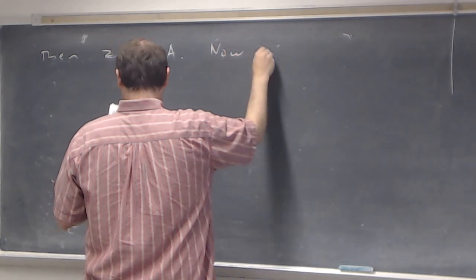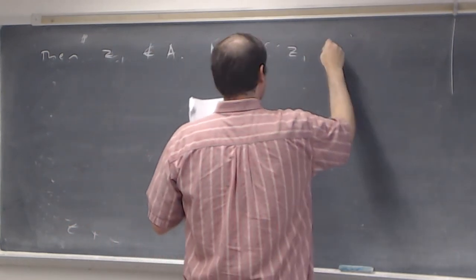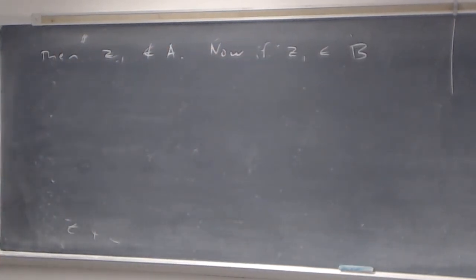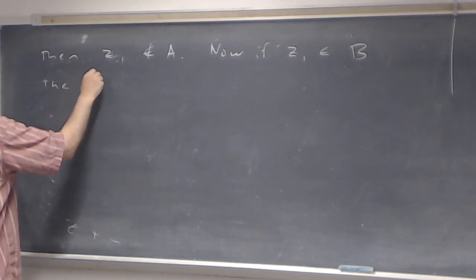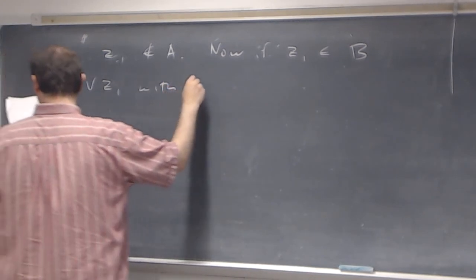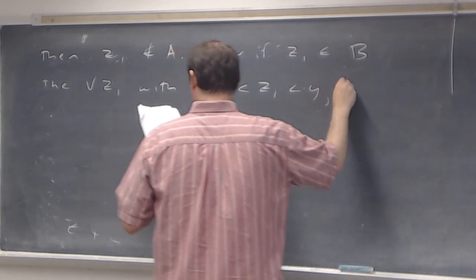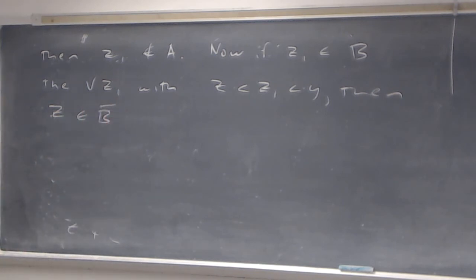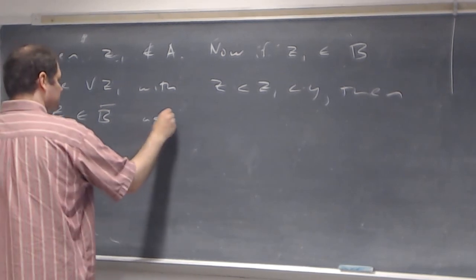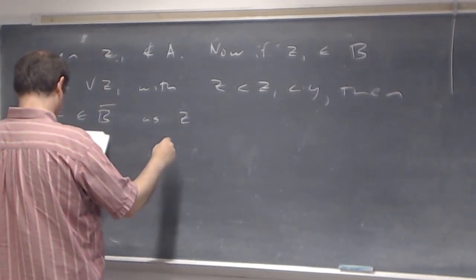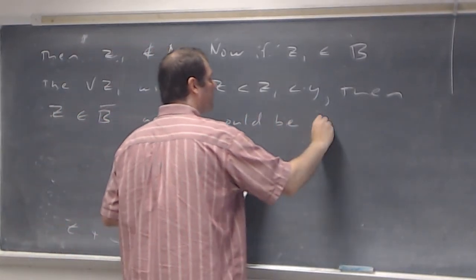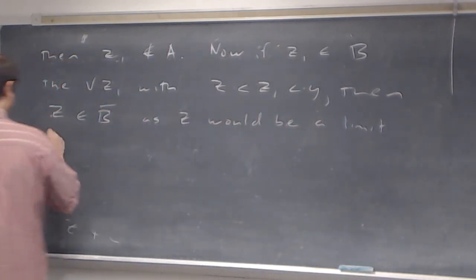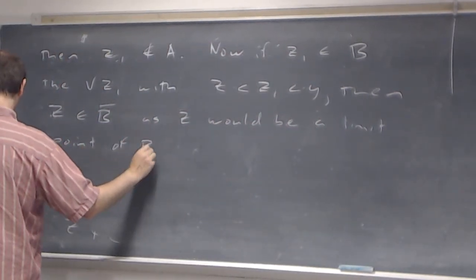Now, if z sub 1 is in B, then for every z sub 1 with z being less than z sub 1 being less than y, z will be an element of the closure of B, as it would be a limit point. z would be a limit point of B. Okay?